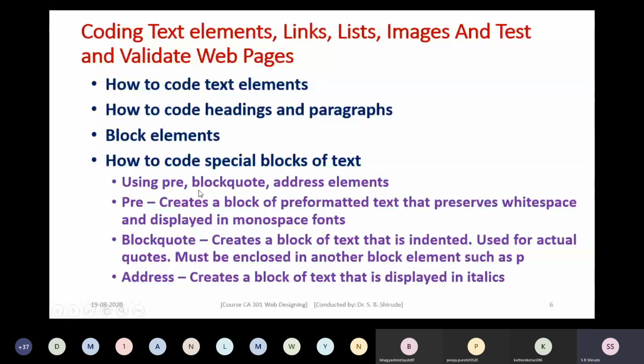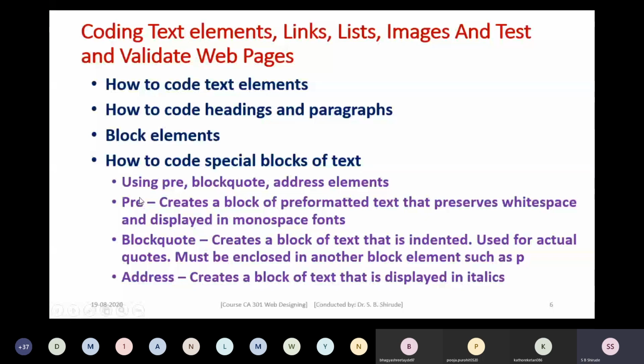Pre means PRE. This PRE element creates a block of pre-formatted text that preserves white space and is displayed in monospace font. I will demo these features by typing sample code. But here, just note that we can code the special blocks of text by using the PRE, block quote, and address elements.